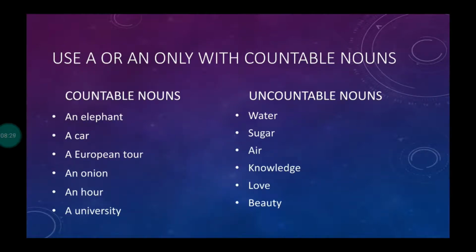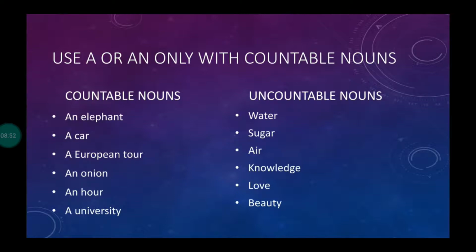Now, we use a or an only with countable nouns. So you cannot use it with uncountables. Now, what do I mean by that? A countable noun is something that you can count, like 1, 2, 5, 10, 100, 1,000 and so on. For example, an elephant means one elephant, a car means one car, but you could also say 5 cars or 10 cars.